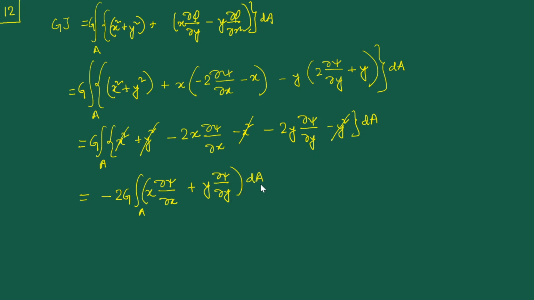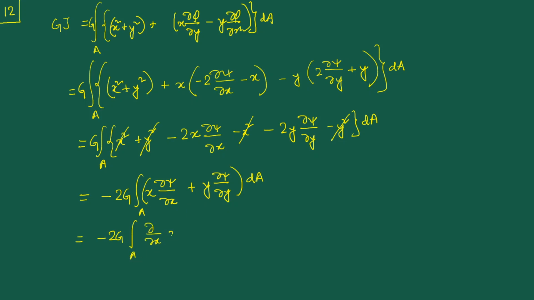As we have done so many times earlier, we are going to go forward with the motivation of using the Green's theorem, and for that we'll absorb this x within this partial derivative with respect to x, and this y within this partial derivative with respect to y, and let's see what we obtain.